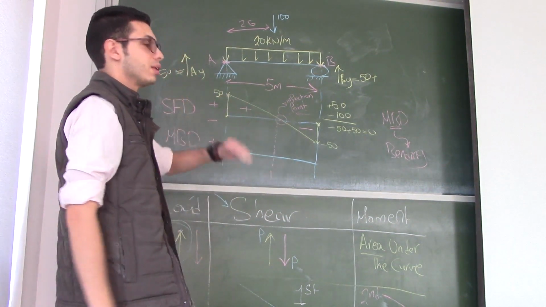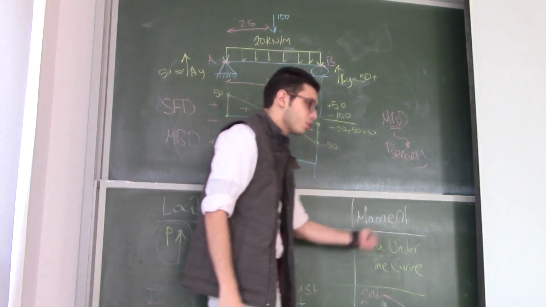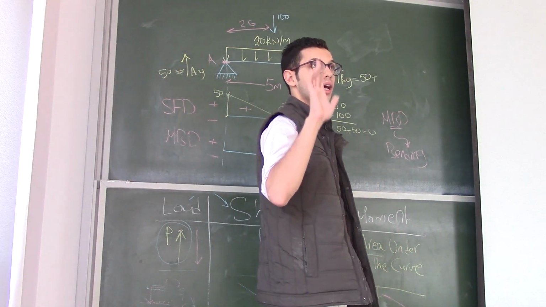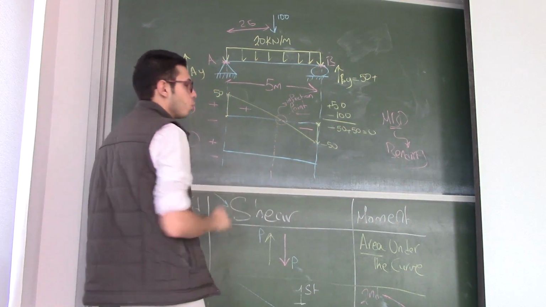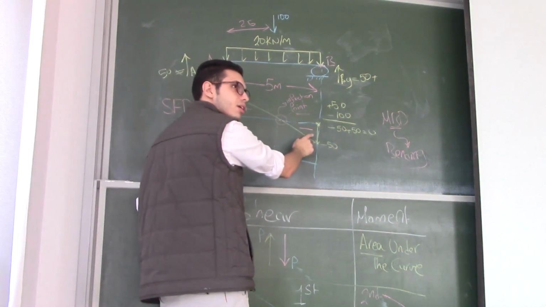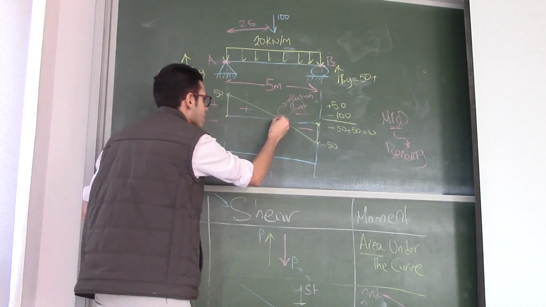Now let's go to the moment. Okay. The definition of the moment, as I said, is the area under the curve, right? Now here, on the shear diagram, we have two curves, right? This is the first curve, and this is the second curve. So, what is the area of the first curve?